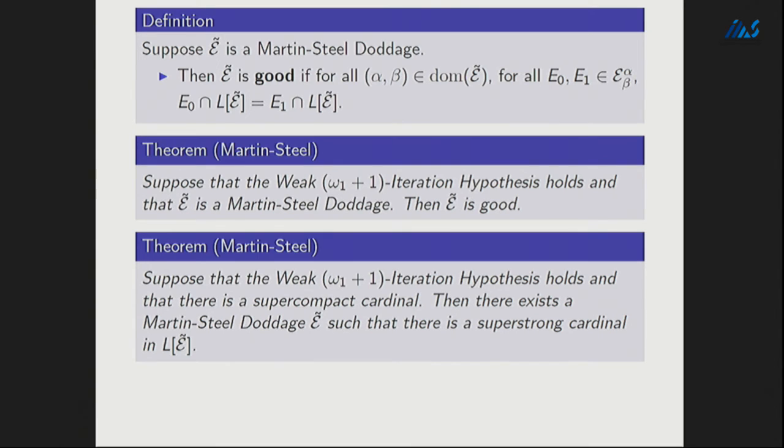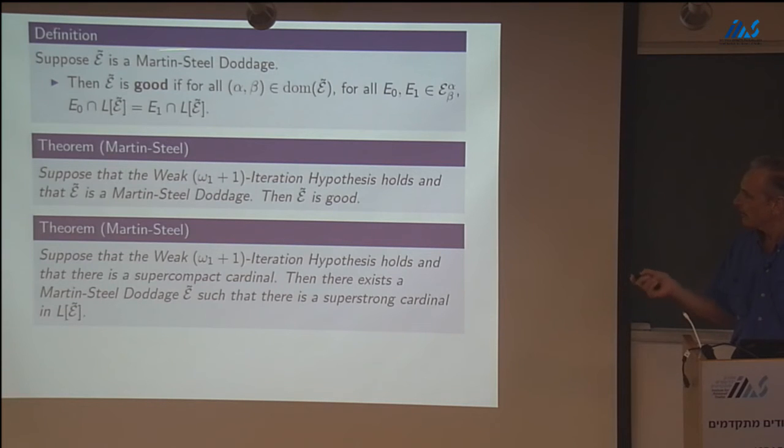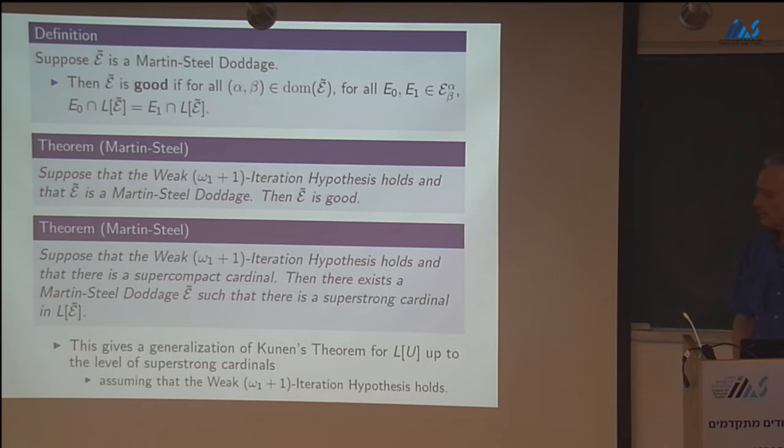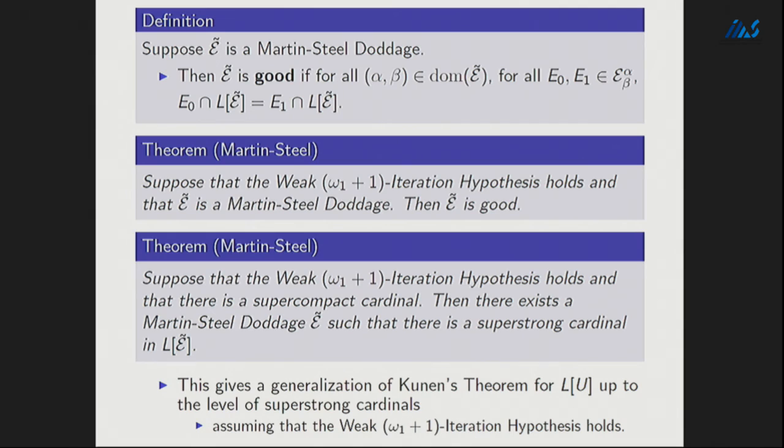Now if you think about it, this goodness is like Kunen's theorem on the uniqueness of LU. The two objects are agreeing. So this really gives a generalization of Kunen's theorem for LMU or LU up to the level of super strong cardinals, but it needs this iteration hypothesis.